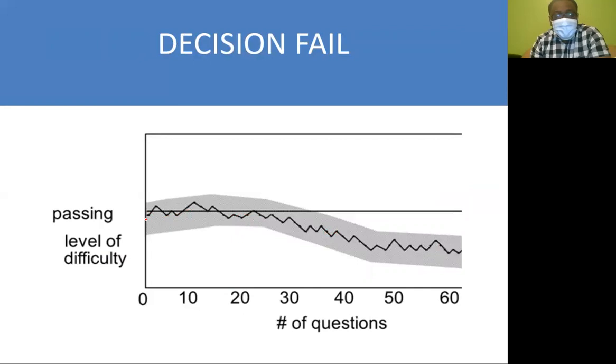But if we had this candidate hovering around this, and you can see he's beginning to go below the passing line, there's no string of wrong answers or a string of right answers. And if at 60, the exam goes off, you can see he's below the passing line, and this automatically would be a fail.